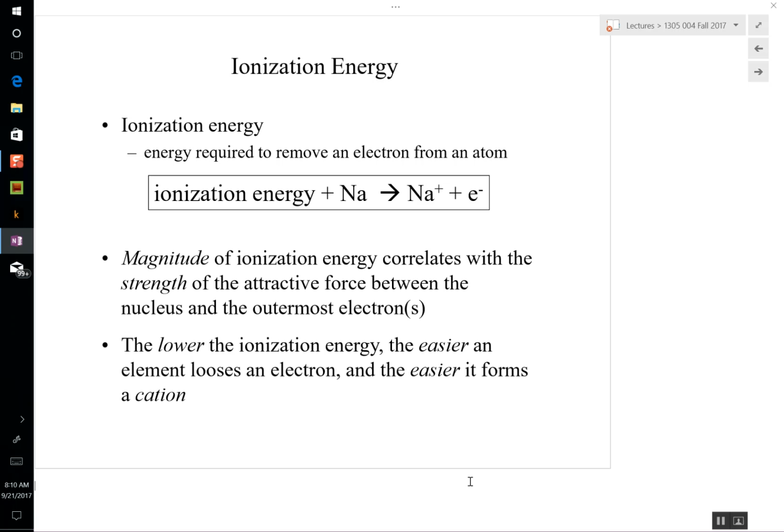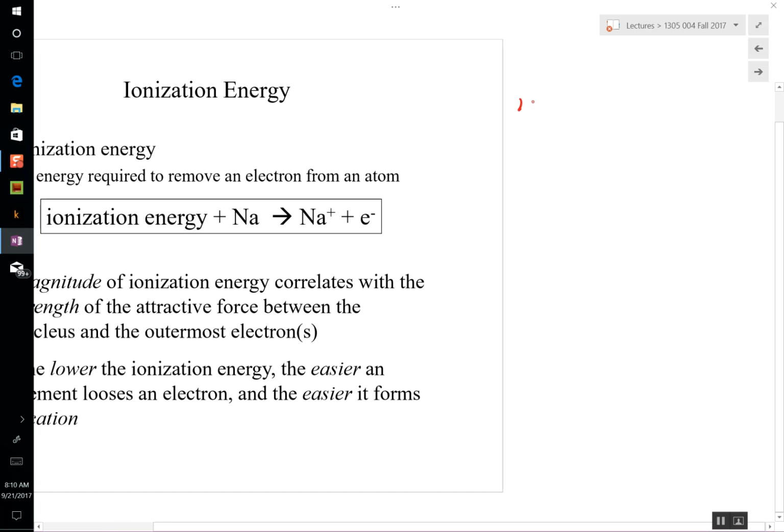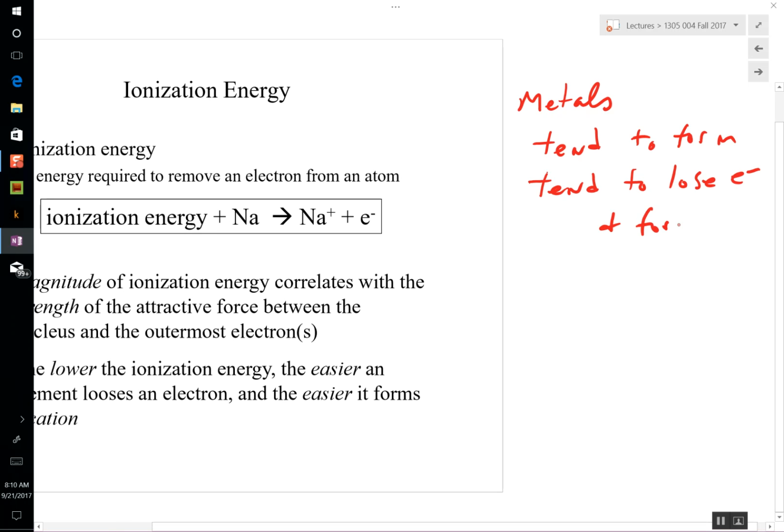Now try to start piecing together some things I've told you. What have I told you metals are? What do metals do? They tend to lose electrons and form positive ions.